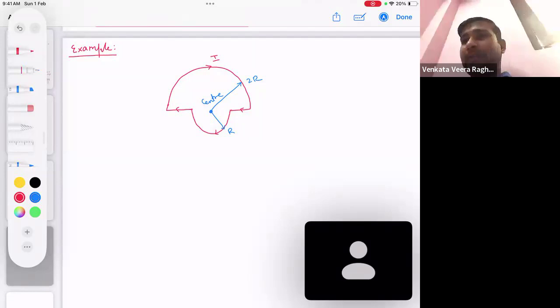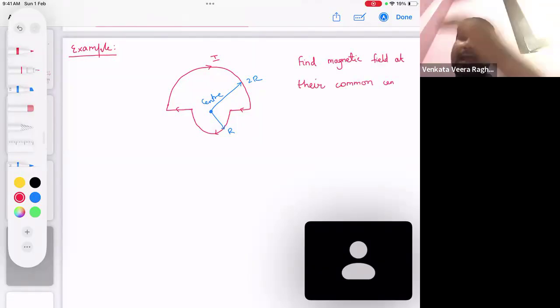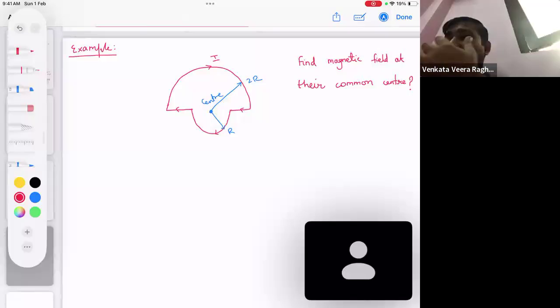Now they are asking in the question, find the magnetic field at their common center. Okay, let's calculate the magnetic field at their common center.